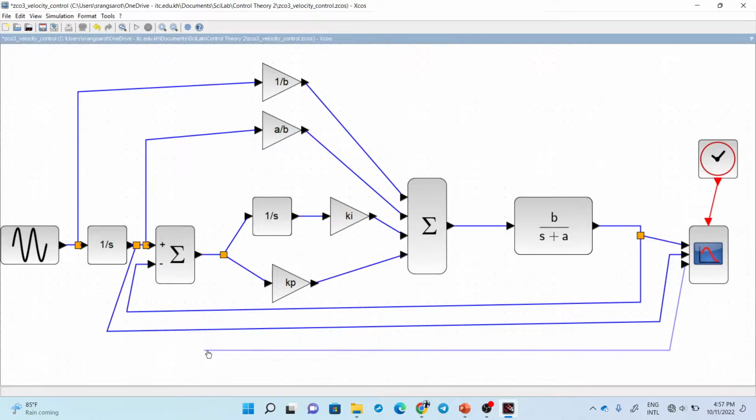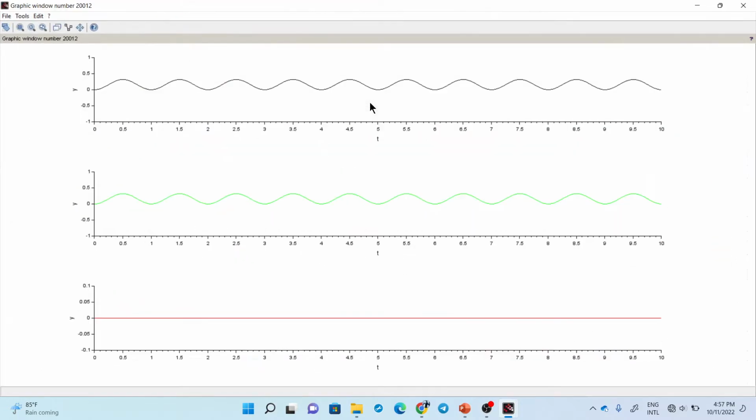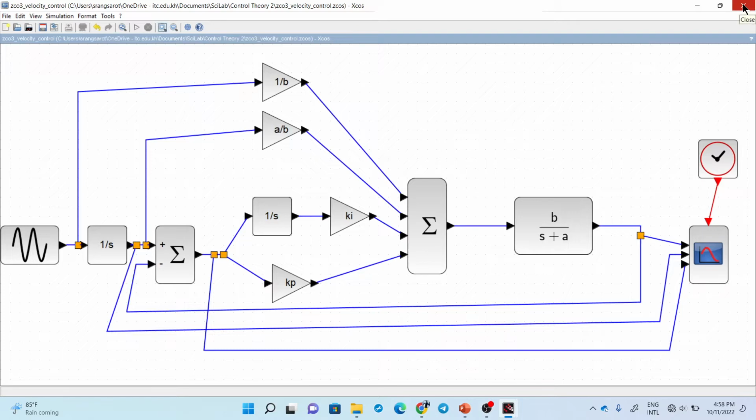Error is here. Okay. Then I run again. Error 0. Okay. Input is black. Output is green. Because output is the same as desired, it means error 0. So you start to build it.